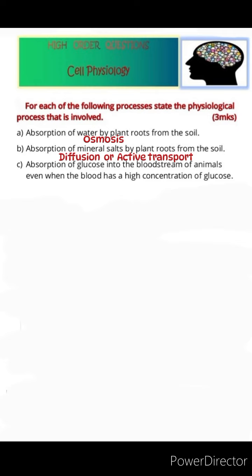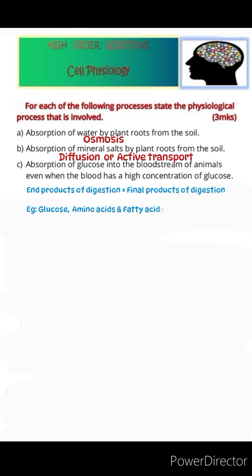Part C, absorption of glucose into the bloodstream of animals even when the blood has a high concentration of glucose. Now, what happens is that after digestion is complete at the ileum, the end products of digestion, simply meaning glucose, fatty acids, and glycerol, so on, need to be absorbed into the bloodstream. Why? So that they can then be transported to the rest of the body.